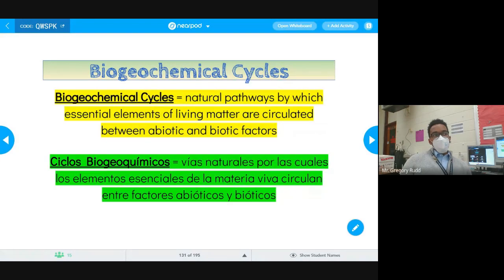Not related to, so yeah, that's a kind of a complicated way of saying not living. Abiotic is something that is non-living, and therefore biotic is the opposite, something that is living. So of course we know that there are interactions between those two camps, non-living substances and living organisms. We're going to talk more about those interactions today.